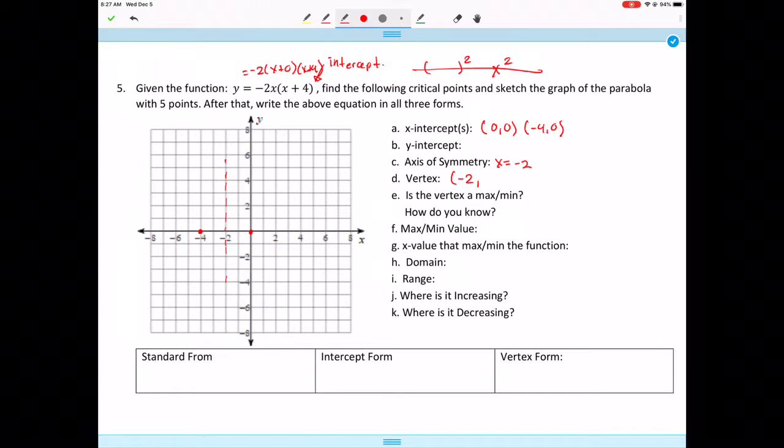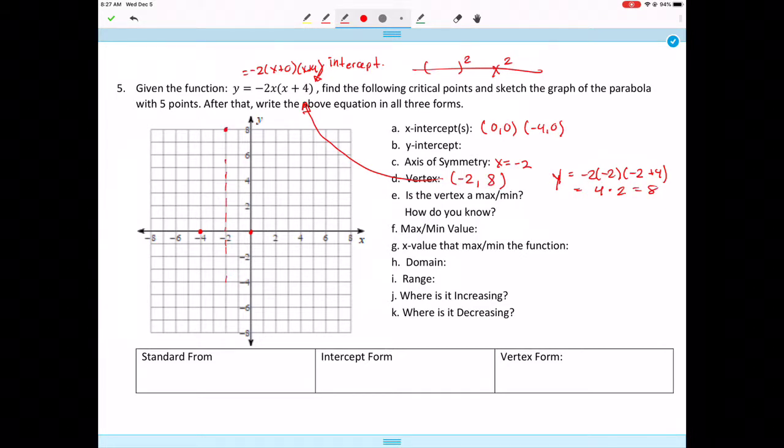Vertex is -2, something. To find that vertex part, the y value, we just plug that -2 into our original equation. So y equals -2 times -2 times -2 plus 4. Lots of -2's. Simplify. That gives us 4 times 2, which is 8.